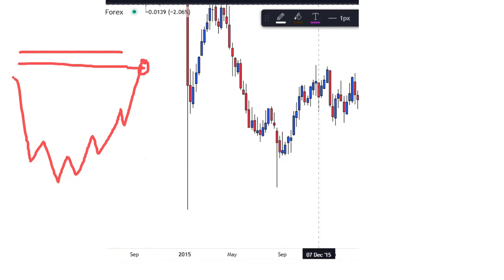So now we can construct a harmonic setup, probably a bat, into that key level. This is a B point. This is X, A, B, C, D leg into that level. So we have a weekly key level, and a harmonic setup into the weekly key level.